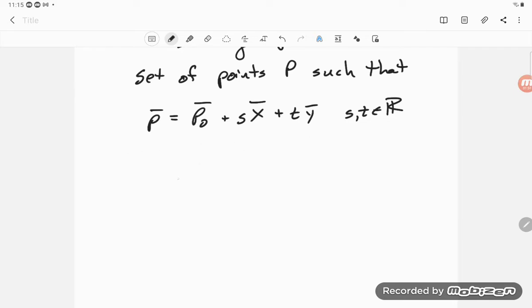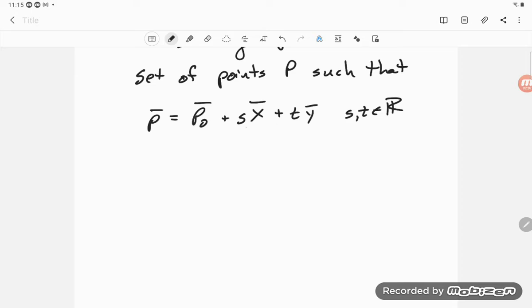So here I've got this two-dimensional subspace of R3 using X and Y. Well, subspace, I've got to be careful there. If P0 were the origin, I guess it would be a subspace. Anyway, I digress. So we have P equals this P0 plus S times X plus T times Y.